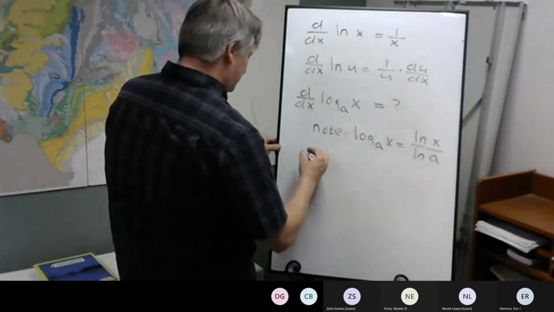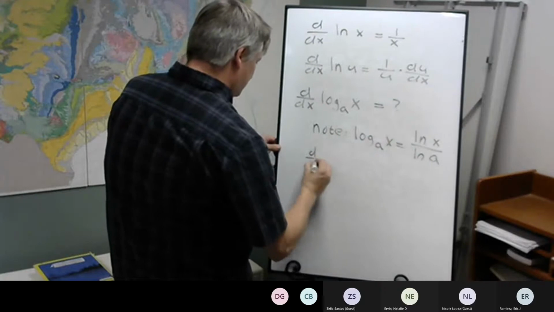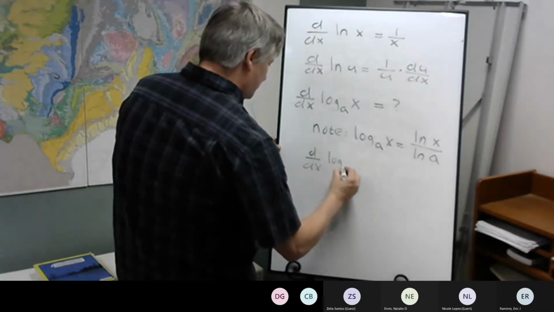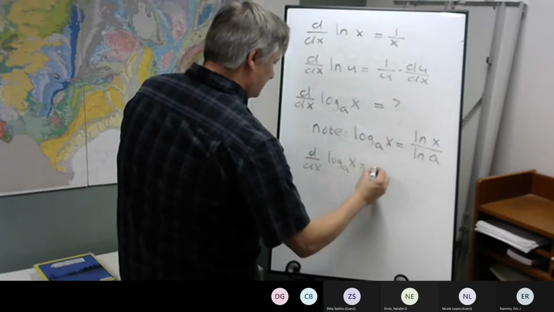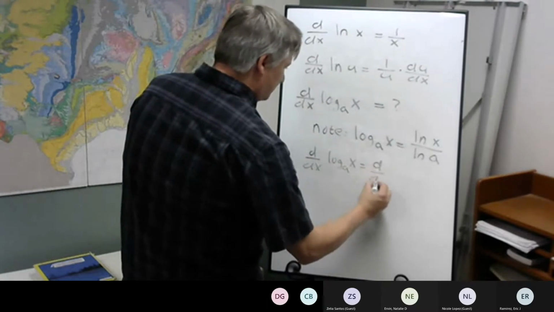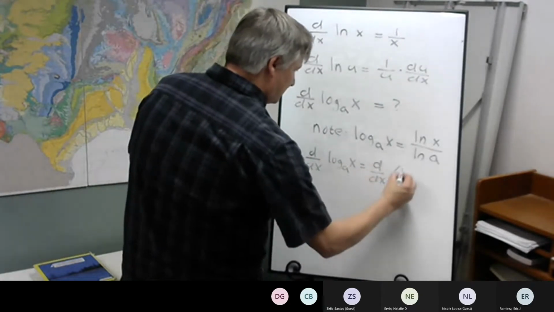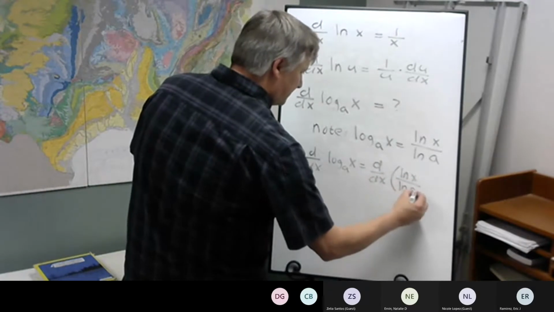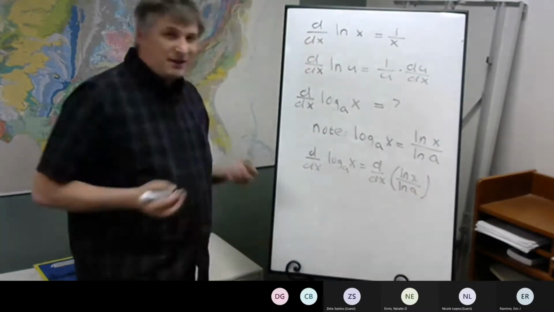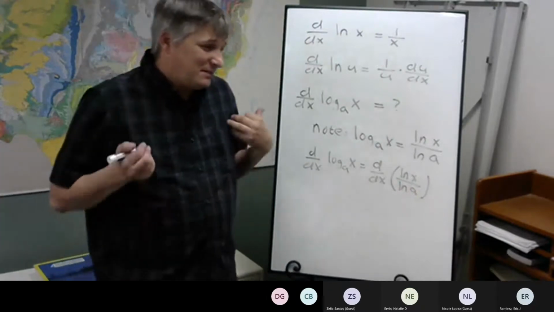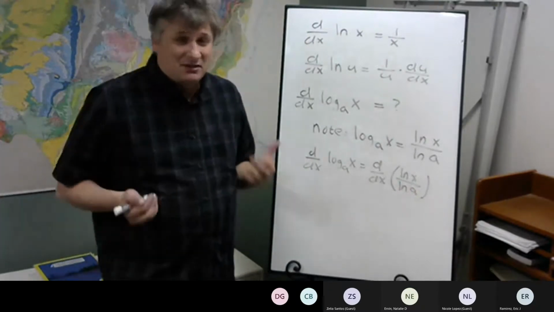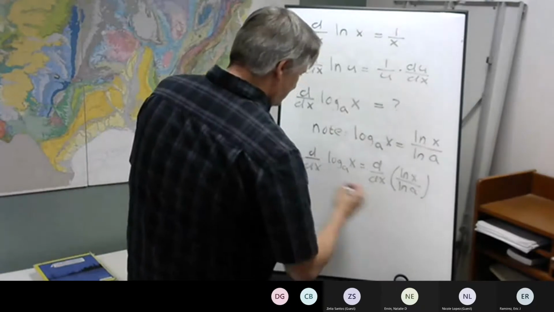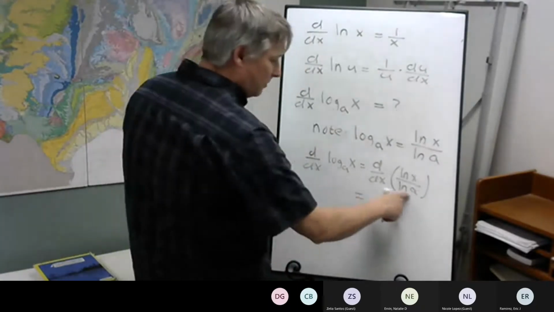So now, the derivative of log base a of x, this is now the derivative of the natural log of x over the natural log of a. Now, natural log of a, that's just a constant, some constant number. So we can pull this out.